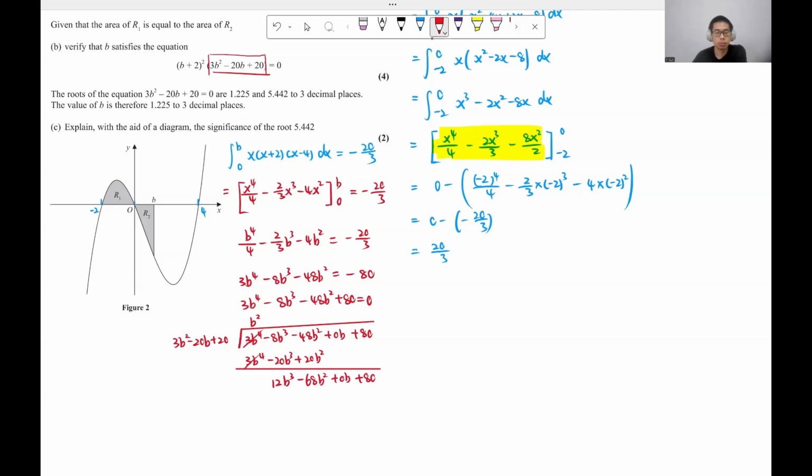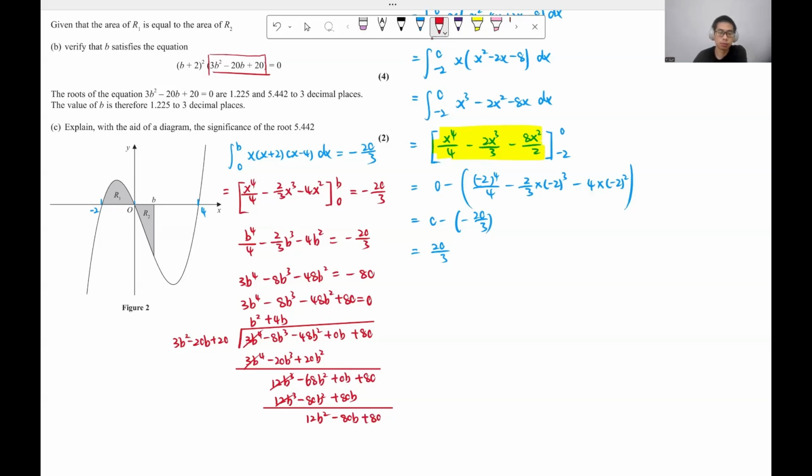Then times by 4b, that will give us 12b cubed, then minus 80b squared, and then plus 80b. Once we minus them, this will cancel out. Negative 68 minus negative 80 will become plus 80, so that will be 12b squared. And then 0 minus 80 is just negative 80b, and then 80 we just bring down.